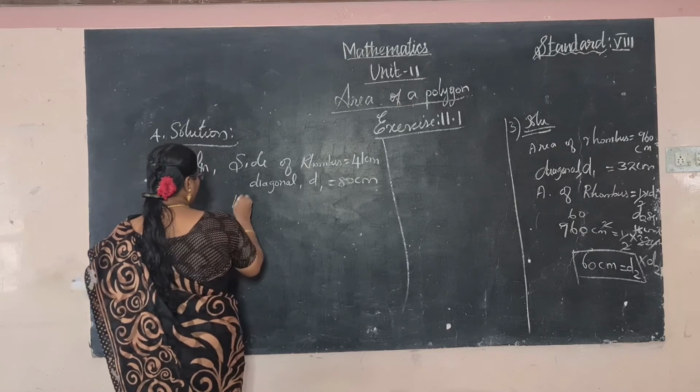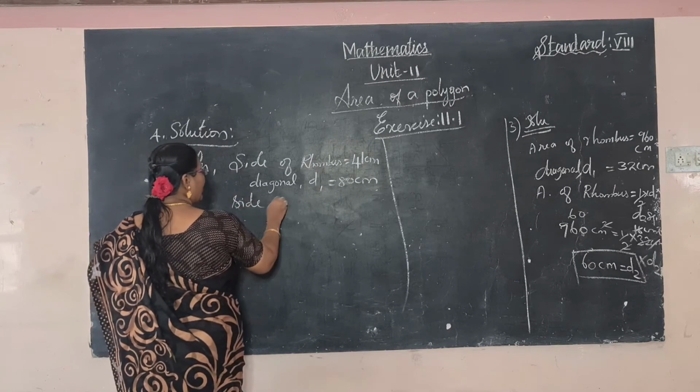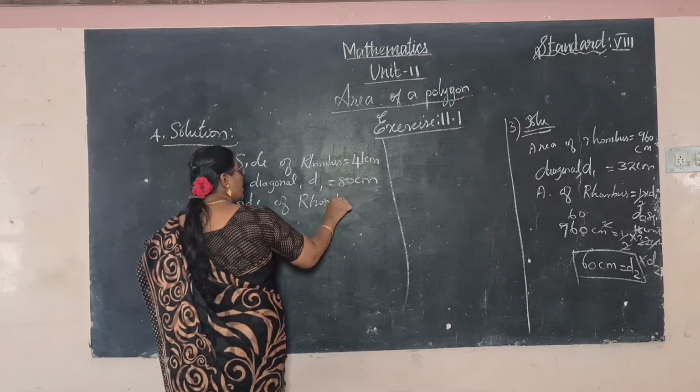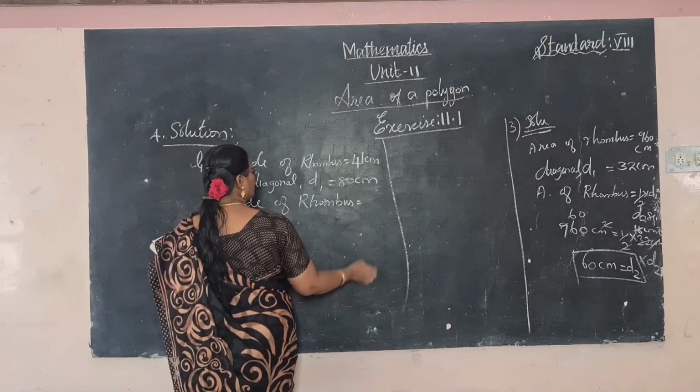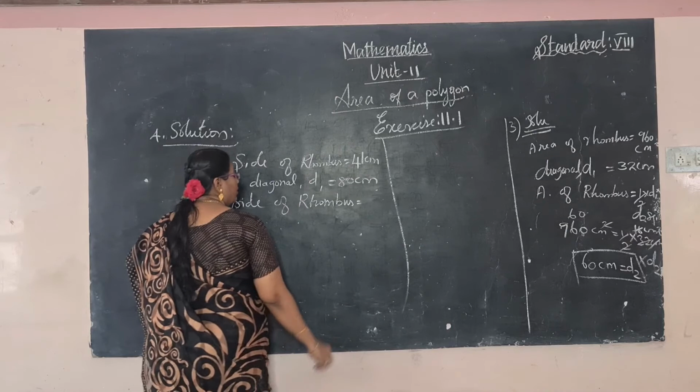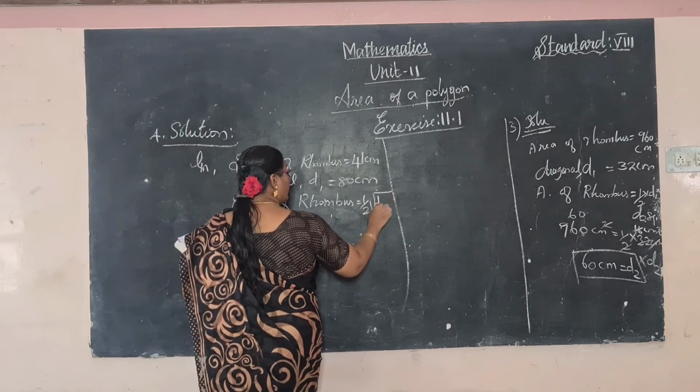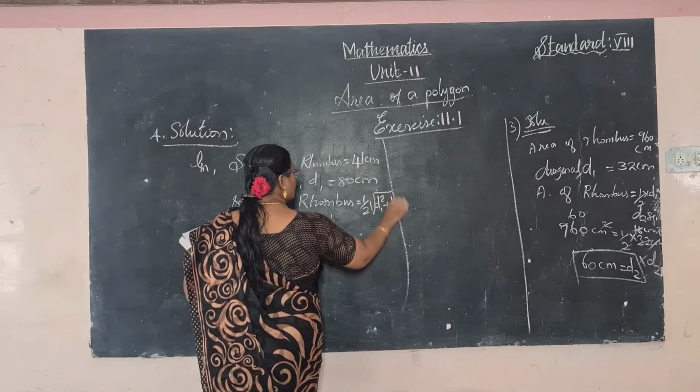So the formula: side of the rhombus is equal to half into square root of D1 squared plus D2 square.